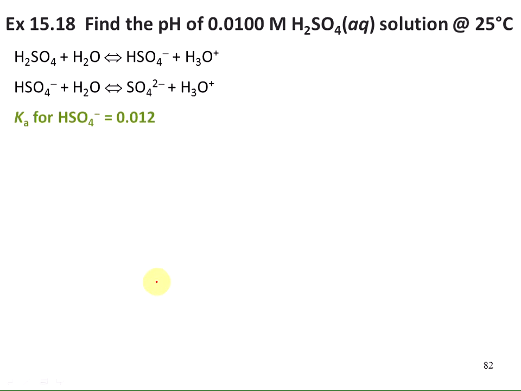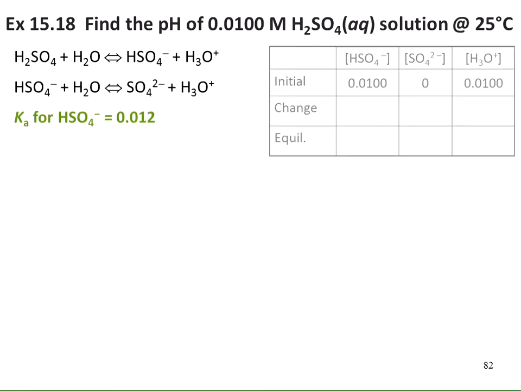So I'm going to set up my ICE table. I have the initial concentration of my H2SO4, because remember, for the first reaction, I'm going to assume, since it's a strong acid, that it goes to completion. So the concentration of the HSO4 minus is going to be the same as my initial concentration of my H2SO4.